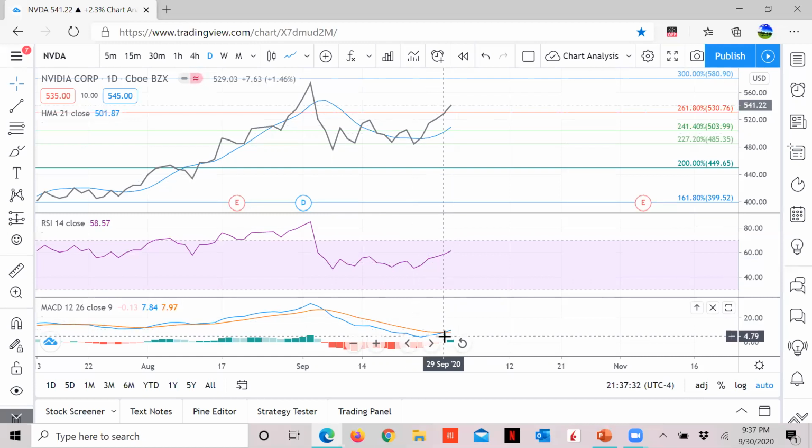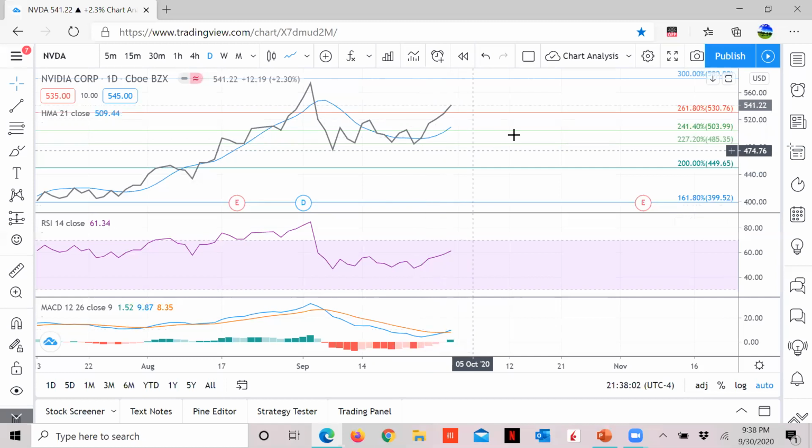As you see, MACD is just crossing the signal line, and even RSI shows uptrend. Even the pulse moving average shows an uptrend. The price chart is above the pulse moving average. So whenever it shoots beyond this resistance point, that's a strong indicator for me for an uptrend, along with these 3 other indicators.